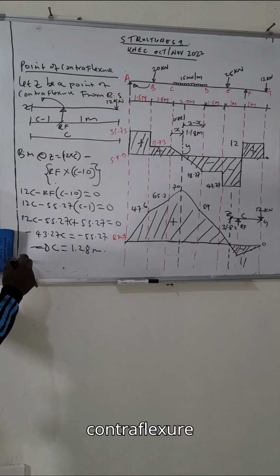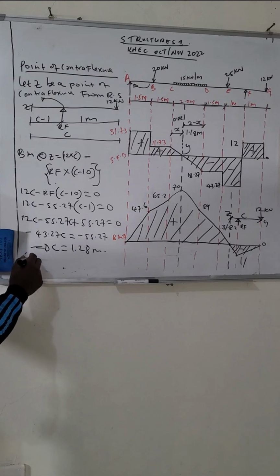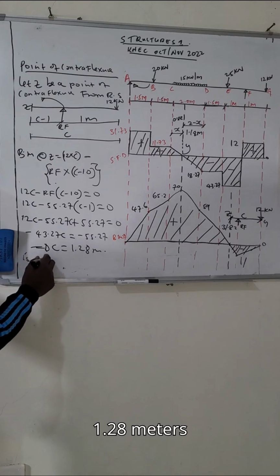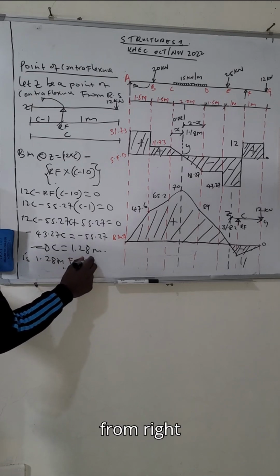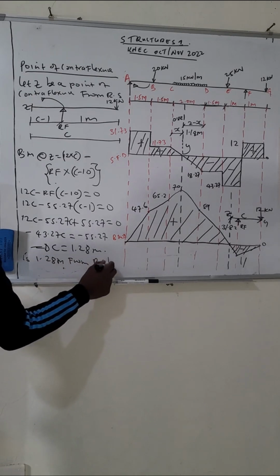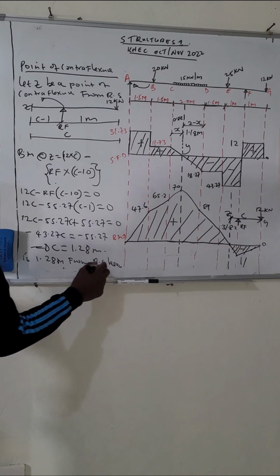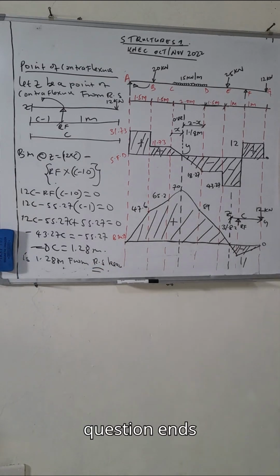So the point of contraflexure is 1.28 meters from the right side of the beam. And the question ends there.